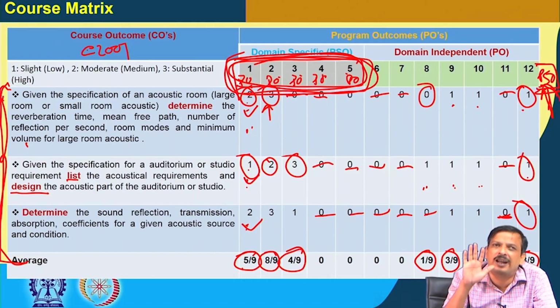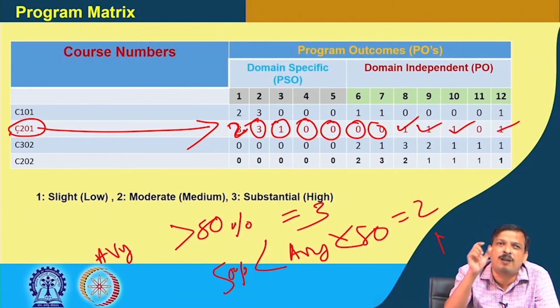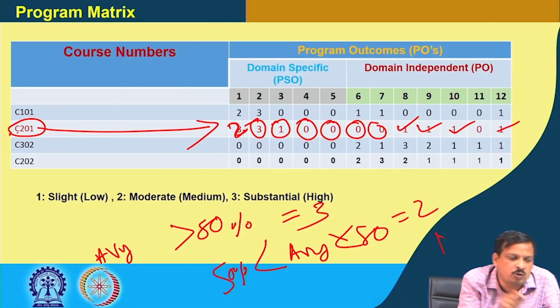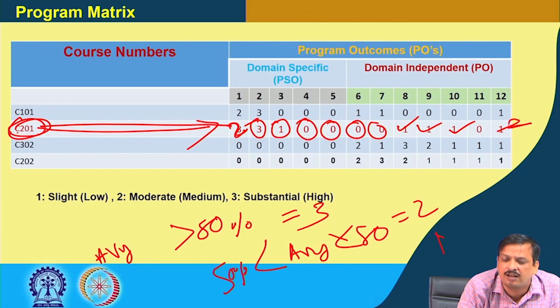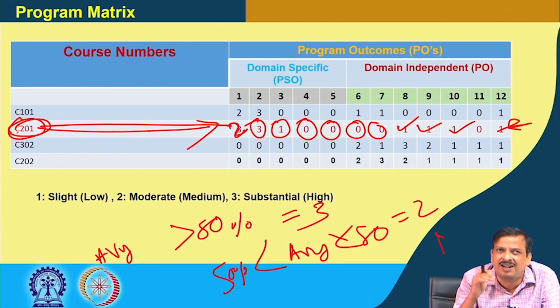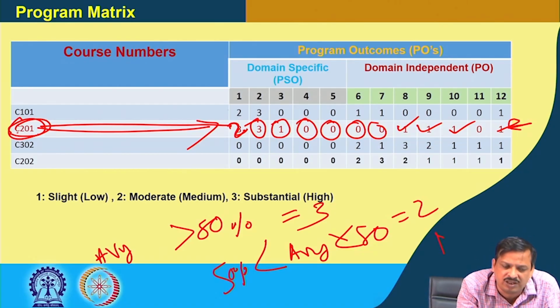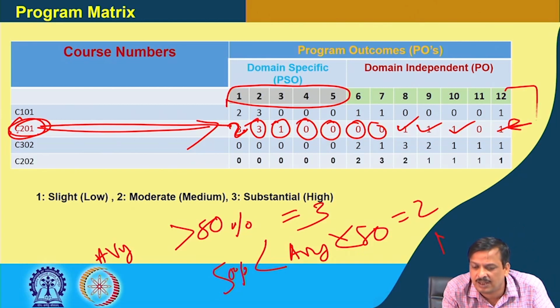Once you develop for every course, then develop the program matrix. So, instead of course outcome, you write down the course number here, and that course contributes towards the PO. What I said about PSO: when the ability of the program or capability of the program is included within these 5 dimensions, PSO, or you can write separately also.